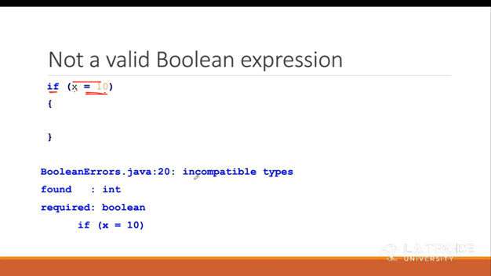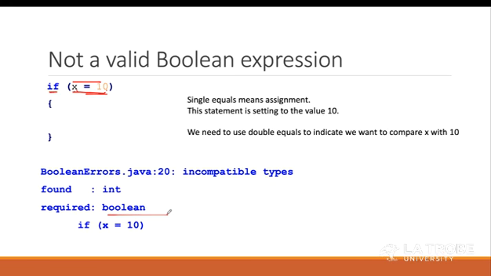So the error would be incompatible types, because what we found was an integer, since you are assigning 10 to x, but what we required was a Boolean. Again, as I mentioned, single equals means assignment. This statement is setting the value of x to 10, and we need to use double equals if we want to compare x with 10.